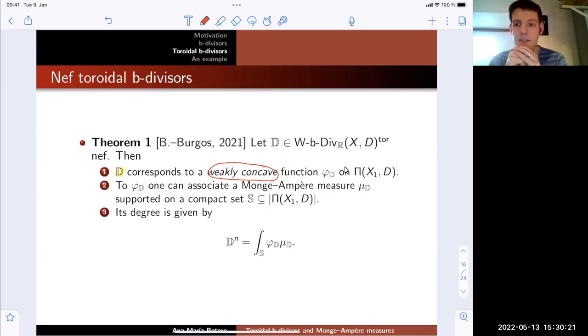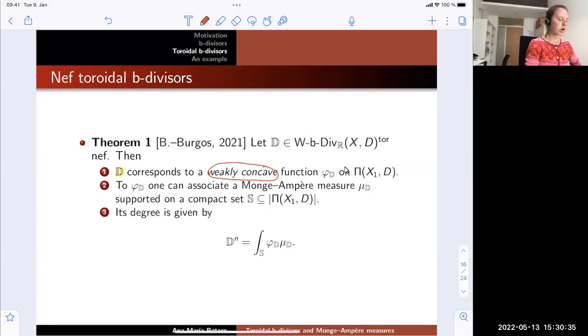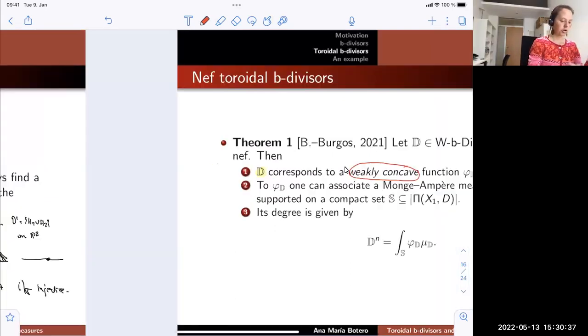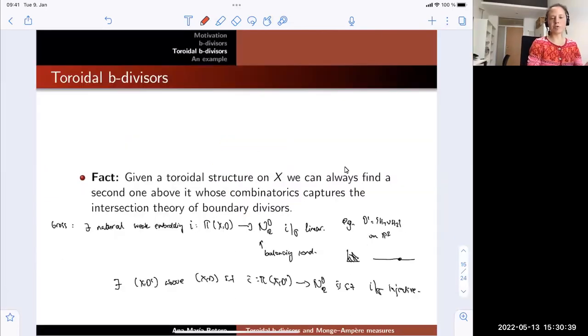There's another question in the chat. Yes. I think relating to the previous slide, these modifications, can you think of them as iteratively blowing up all strata of this D? No, I mean, your X is fixed. What you're doing is you're adding more divisors to your boundary. You're not blowing up anything.